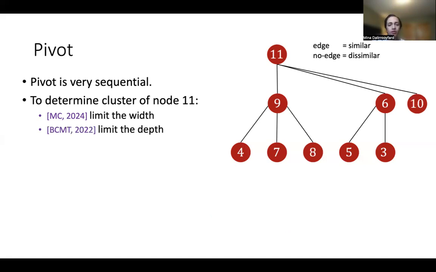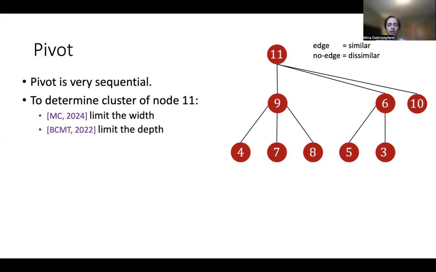The other idea is that we can limit the depth. So we limit the depth of our recursion tree. And again, if by the point that we've done all of our processing, we still don't know what cluster that node should go to, then we just put that node in a singleton. These are all very abstract because I didn't explain pivot, but once you know what pivot does, these become clear.